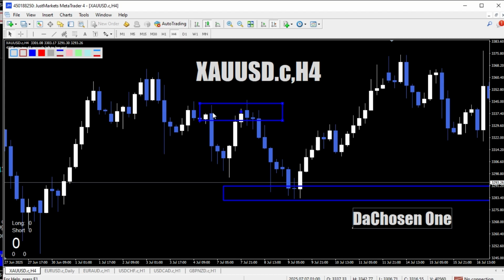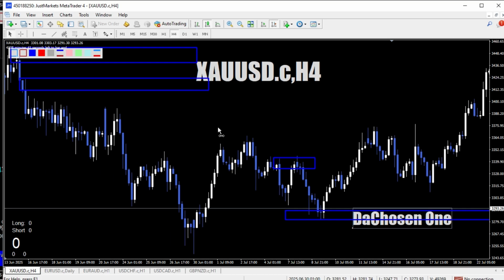As you can see, guys, this second candle's body and shadow engulf the first candle's shadow and body. This is type 1 of a bearish engulfing candlestick pattern.